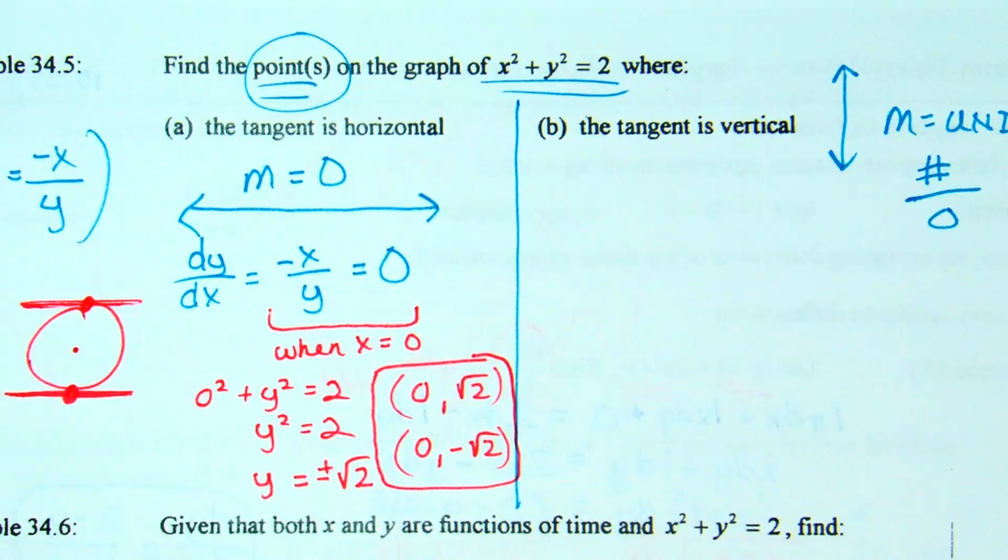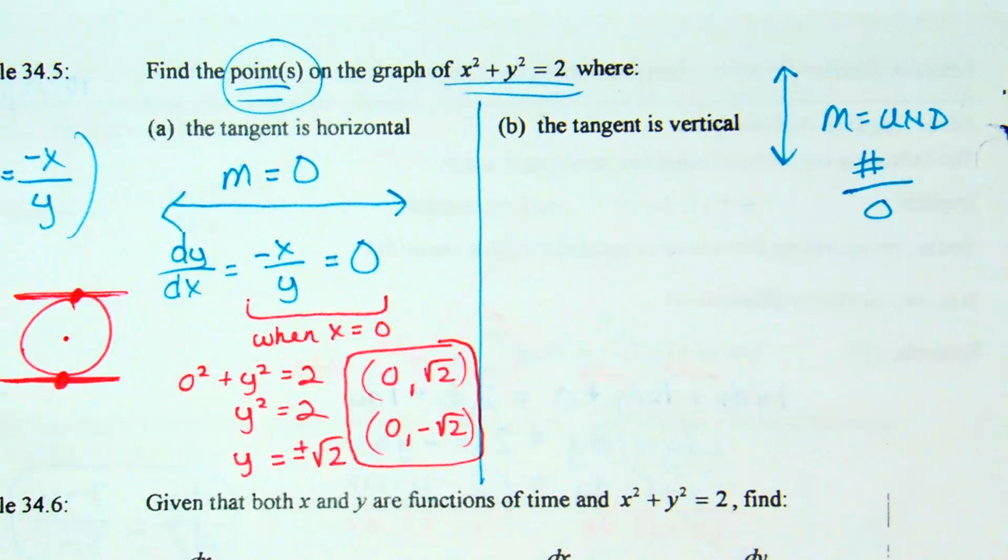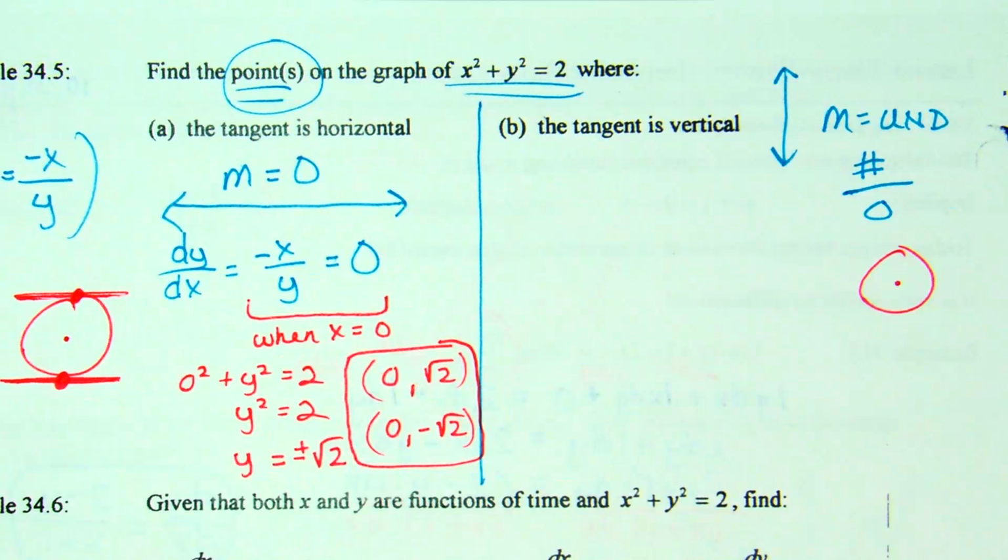So now, if we want points of when this happens, you can look back to the last ones and guess what's going to happen. Because where are my vertical tangent lines going to be? If here's my circle, horizontal tangent lines went here, my vertical tangent lines are going to be over here.